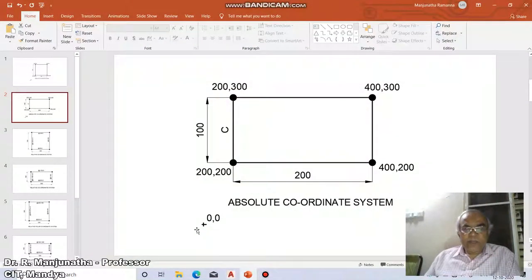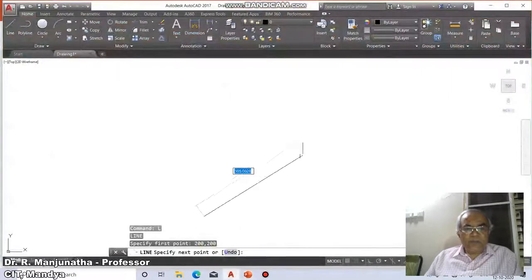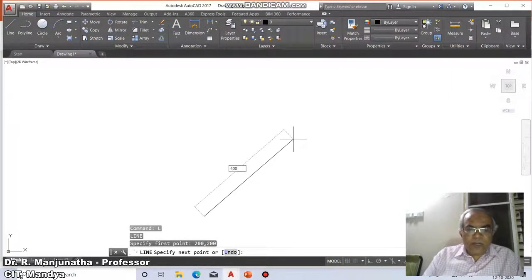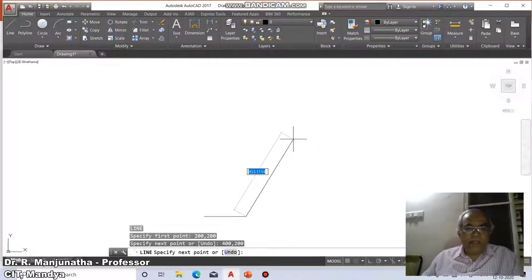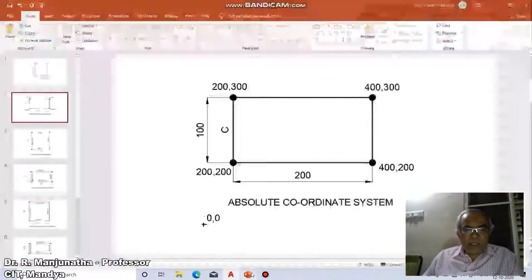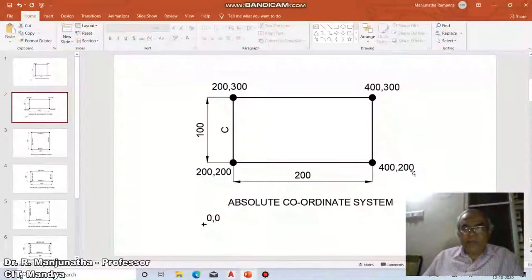So 200 plus 200 becomes 400. Since there is no increment in the y direction, y remains the same as the previous value, which is 200. So you type 400, 200 and get a horizontal line.